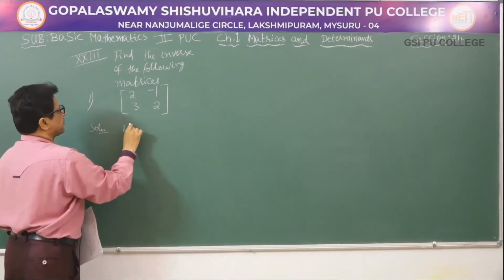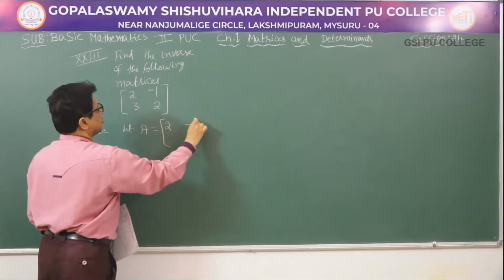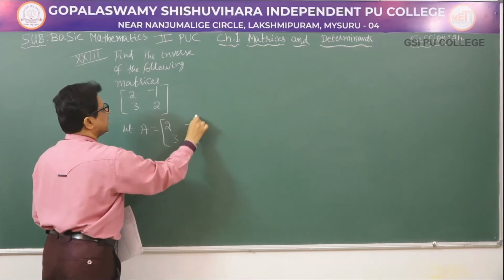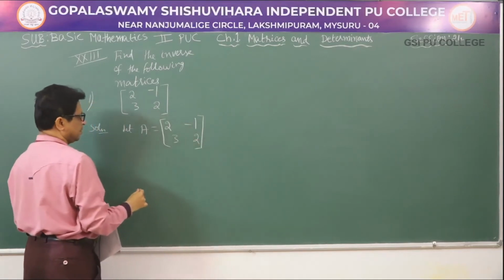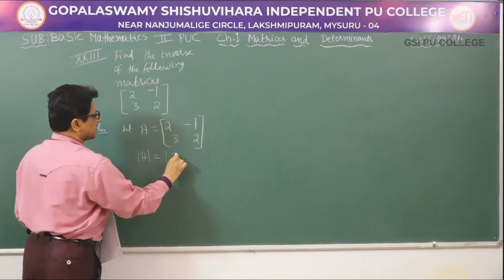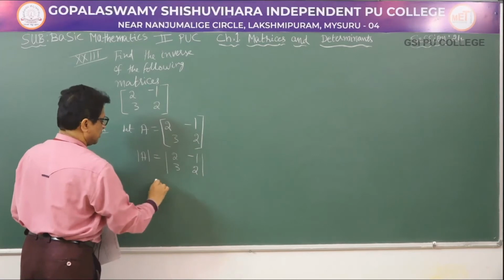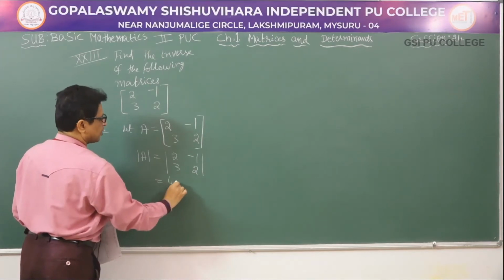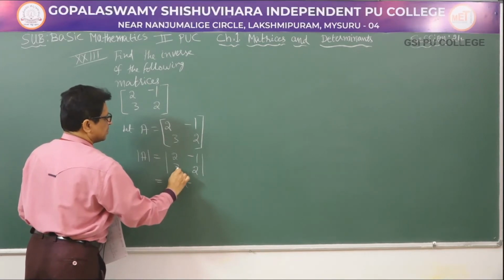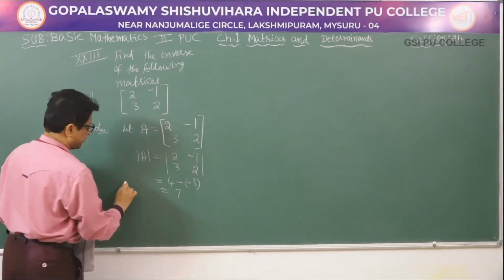Solution. Let A equals 2 minus 1, 3, 2. First, let us find the determinant of the given matrix. So, determinant of 2 minus 1, 3, 2 will be equal to 2 into 2 minus of 3 into minus 1, that is 4 plus 3. That will be equal to 7.